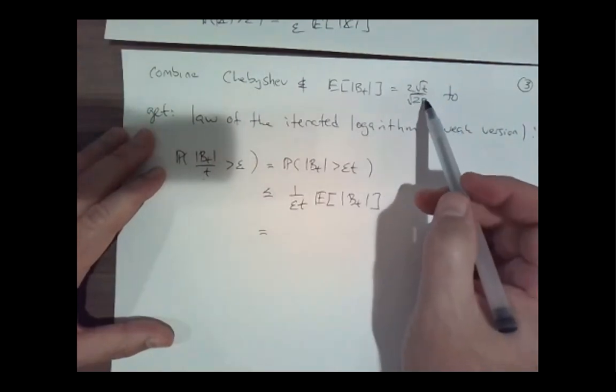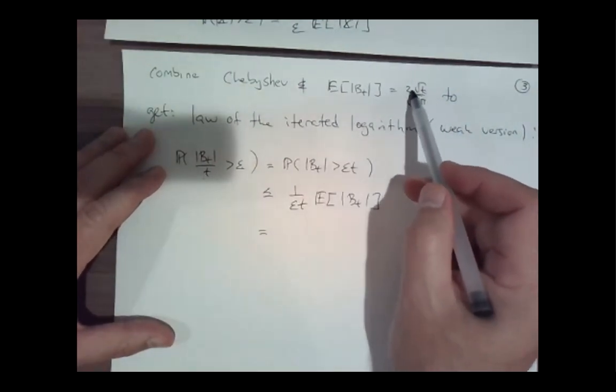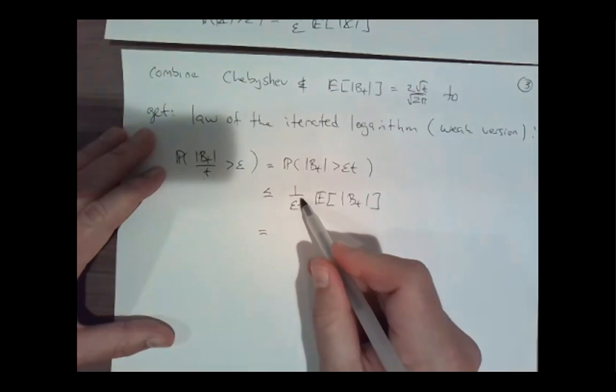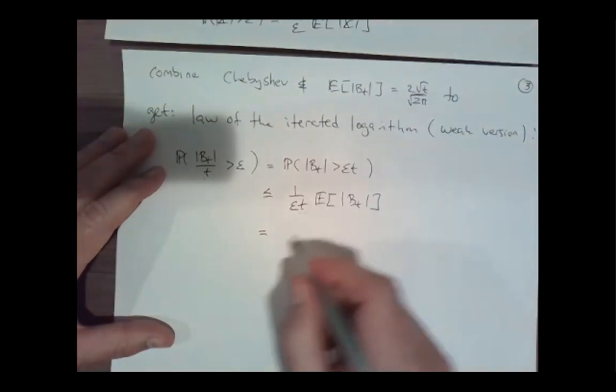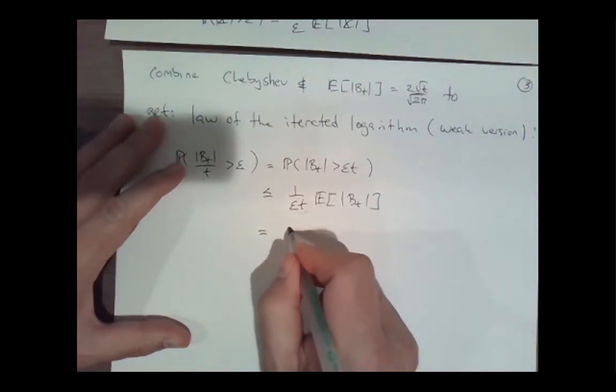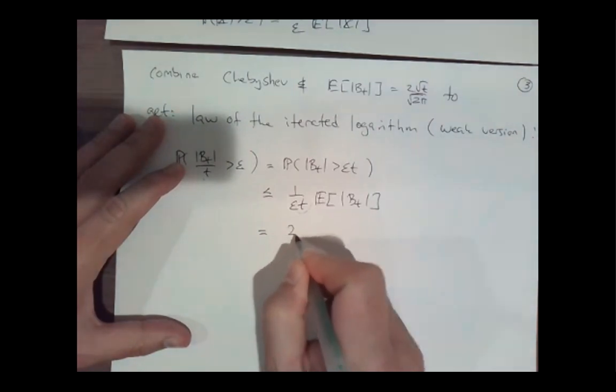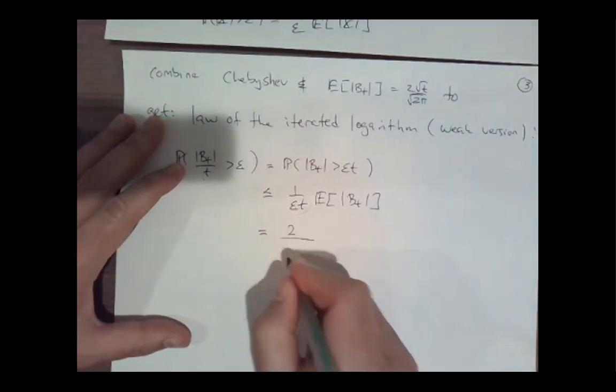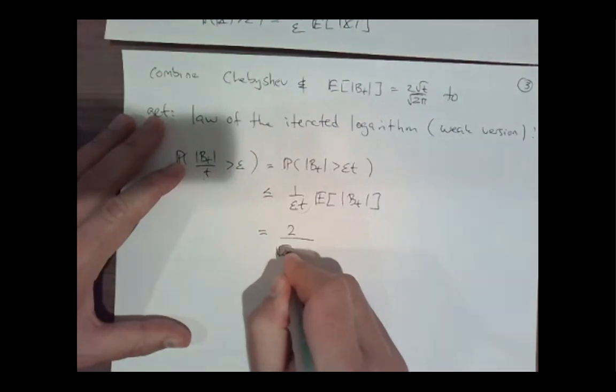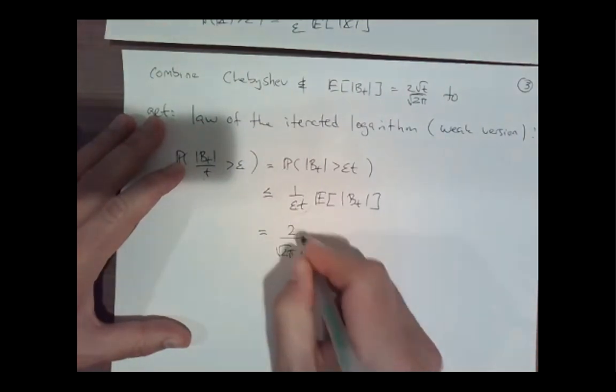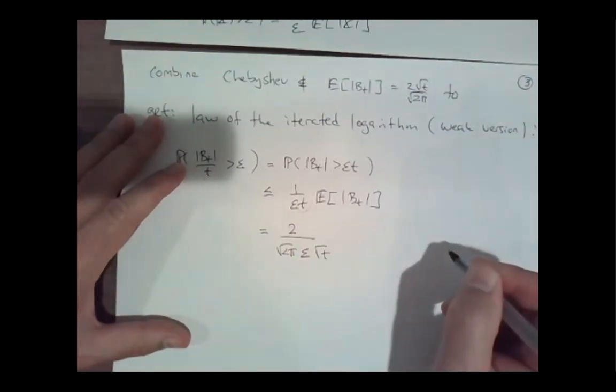The thing to note here is that you have a root t up here and a t here, so they combine nicely. I get 2 divided by the square root of 2 pi, then epsilon, and then a square root t down here.